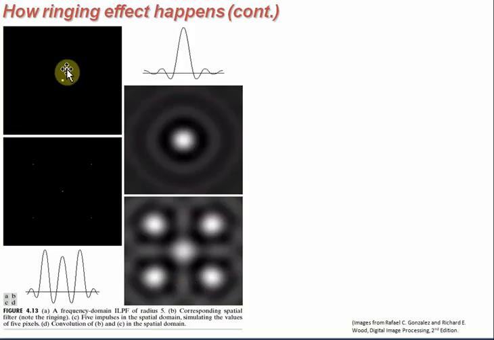So this is the frequency domain ideal low pass filter of radius 5. If it is H of u comma v, this is the corresponding spatial filter, H of x comma y.